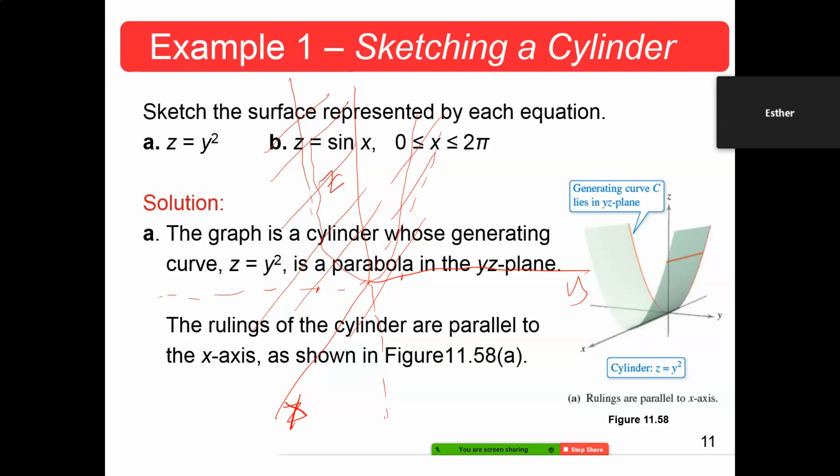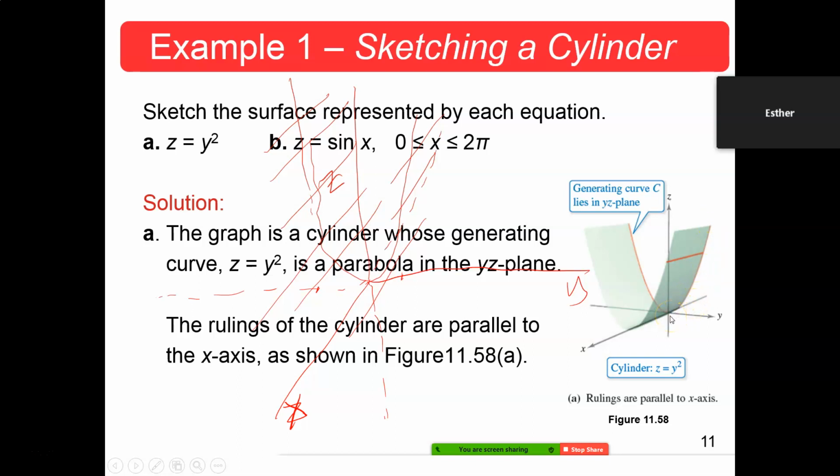It's so hard to look at this sometimes and get it right. There is your parabola in the YZ plane, like this, opening upward in the YZ plane, going through the origin.